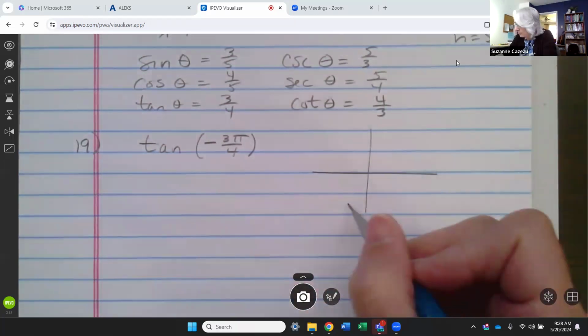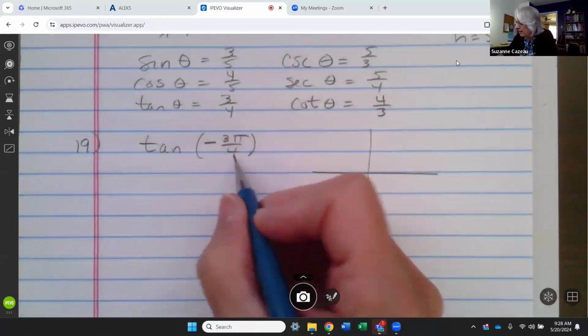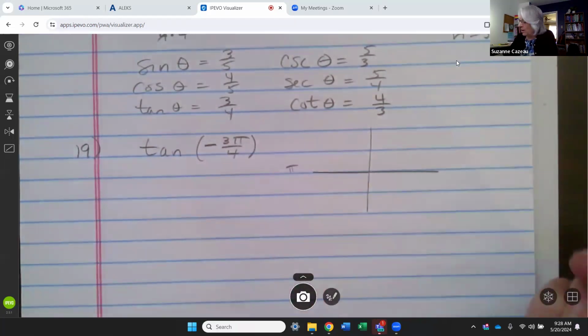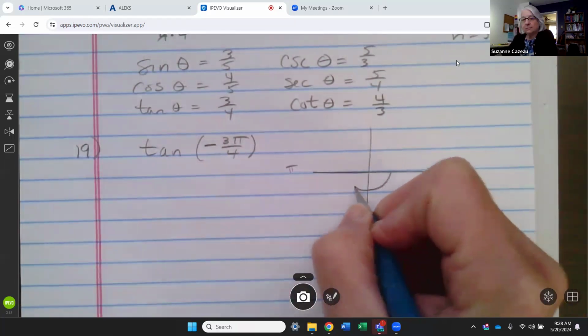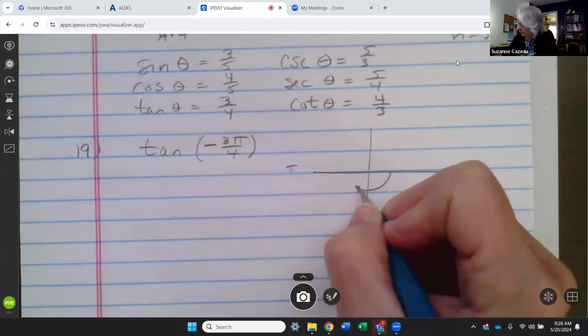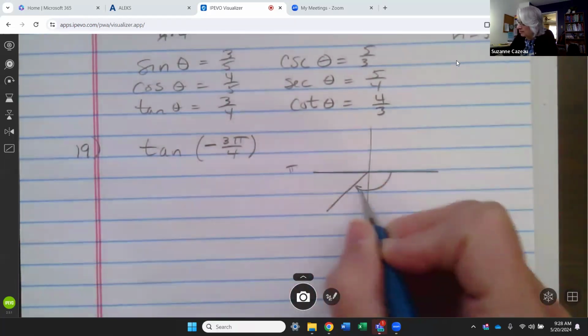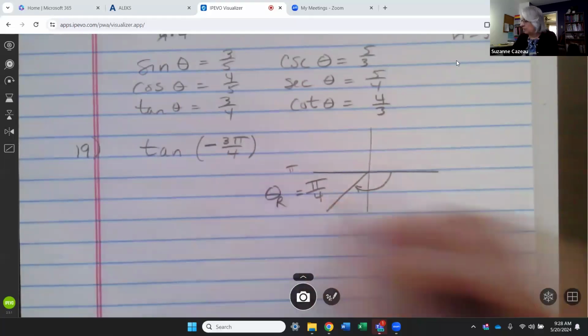It just tells us that we're going in this direction. So 3 pi over 4: pi is over here, and I'm going 3/4 of the way over in this direction. So 3/4 of the way lands me here. And if I'm going 3/4, then this is pi over 4 in here. That's your reference angle.